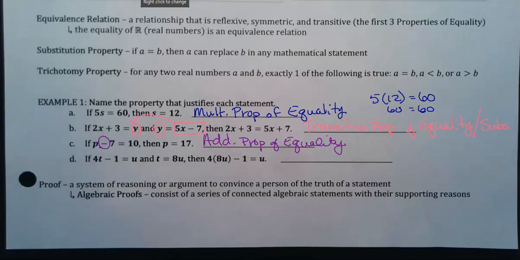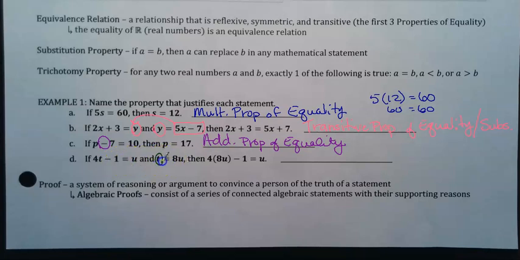If 4t minus 1 equals u, and t equals 8u, then 4 times the quantity 8u minus 1 equals u. What on earth just happened? Sometimes you have to break it down, right? We've got 4t minus 1 equals u, and t equals 8u.